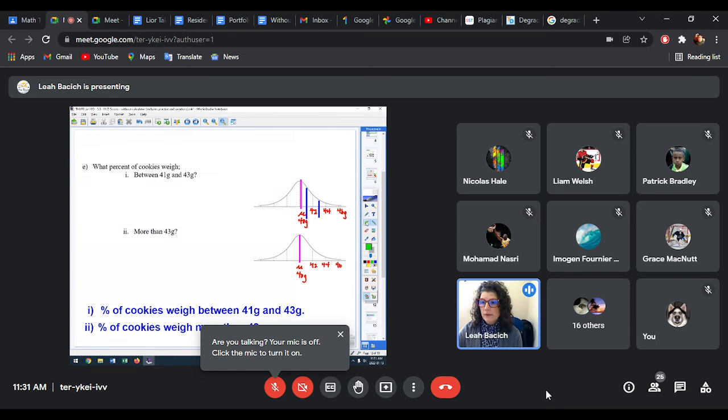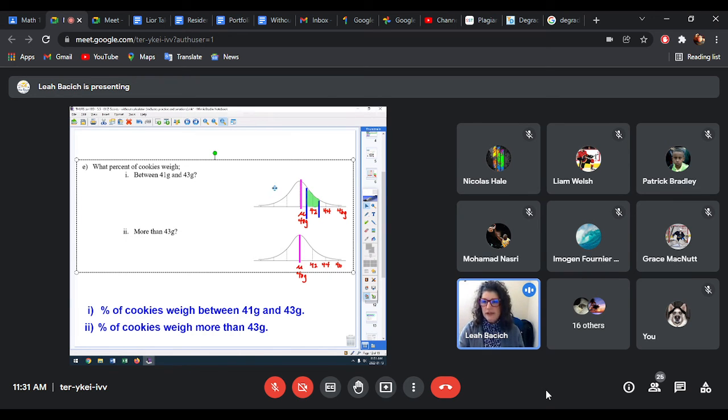So on your diagram, hopefully you shaded this little region in here because it's between 41 and 43, and then this is more than 43. Actually, this is not too bad of a question because once I have the first one done, I can pretty much do the second one no problem also.